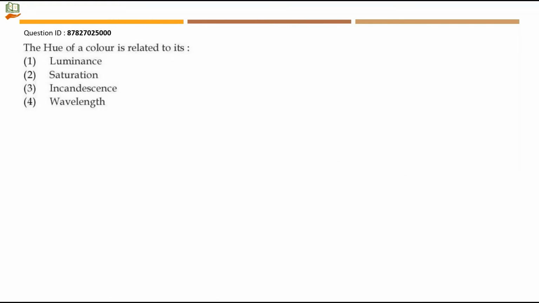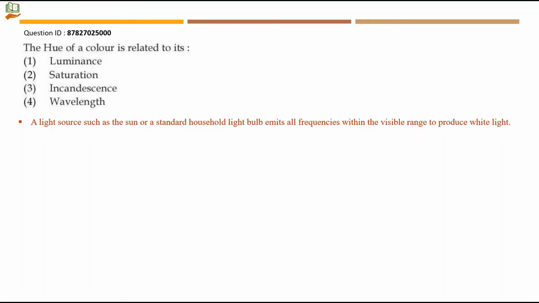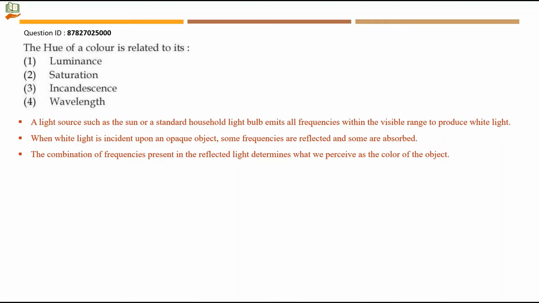Next question, the hue of a color is related to. Of course, this is computer graphics question. A light source such as sun or a standard household light bulb emits all frequencies within the visible range to produce white light. When white light is incident upon an opaque object, some frequencies are reflected and some are absorbed. The combination of frequencies present in the reflected light determines what we perceive as the color of the object.